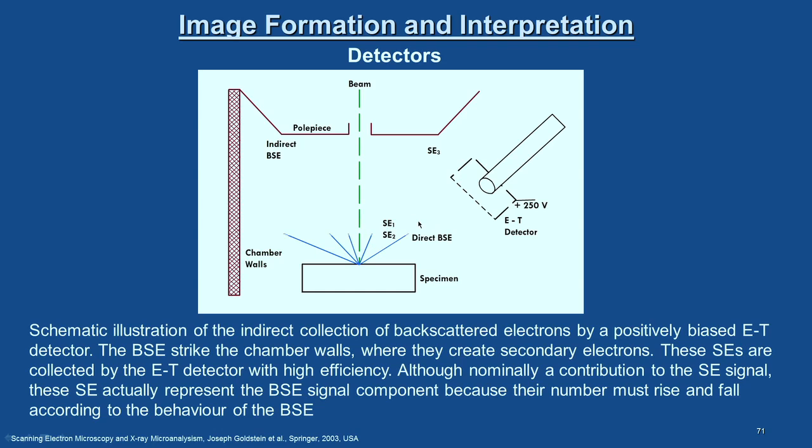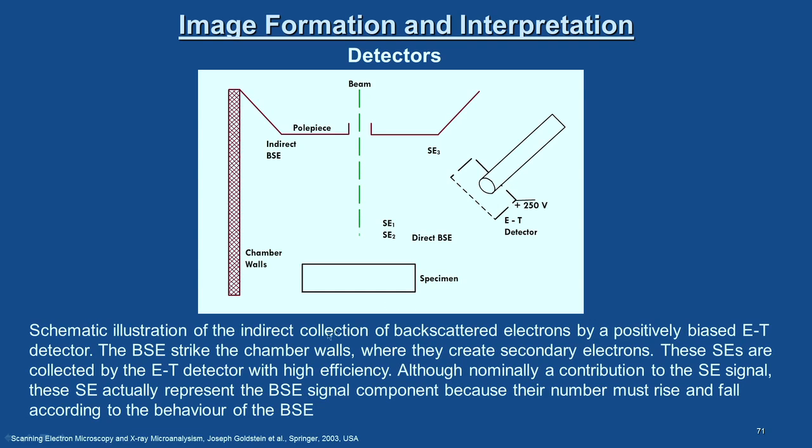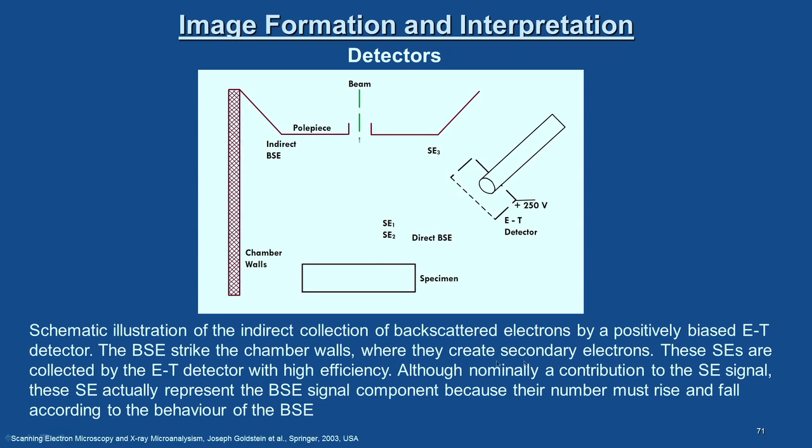So, we have been saying that secondary electrons contribute to the image contrast. We will see what this SE2 and SE3 will represent in terms of image contrast and so on in the coming slides. So, what you have to appreciate from this schematic is, the BSE strike the chamber walls where they create secondary electrons, that is conversion of BSE to SE.